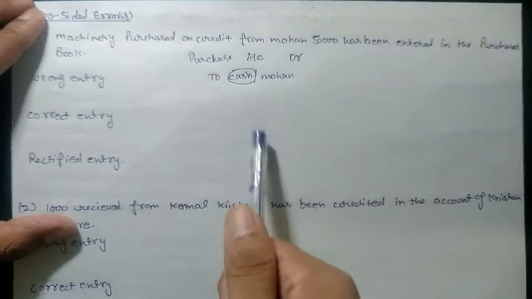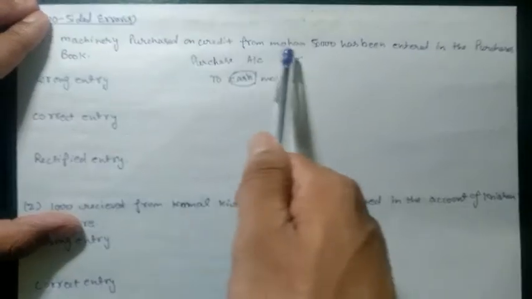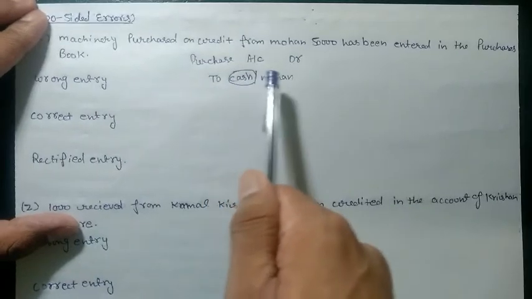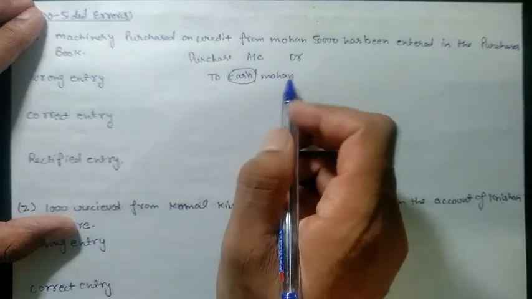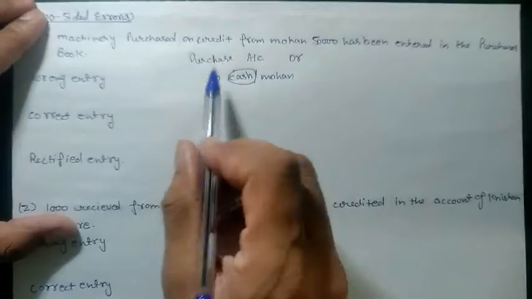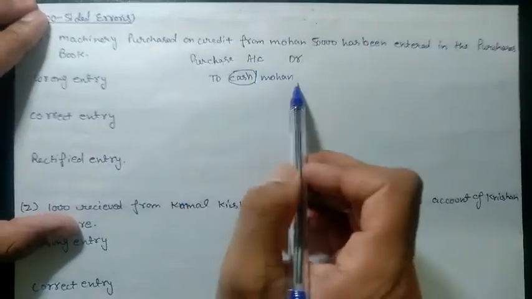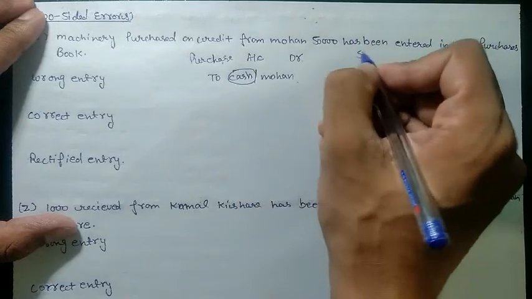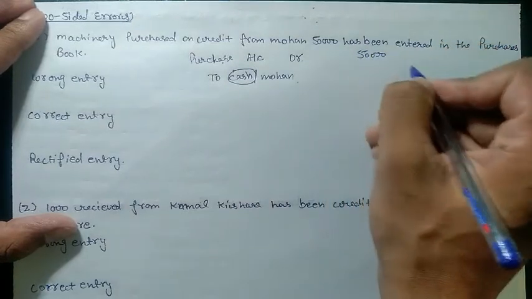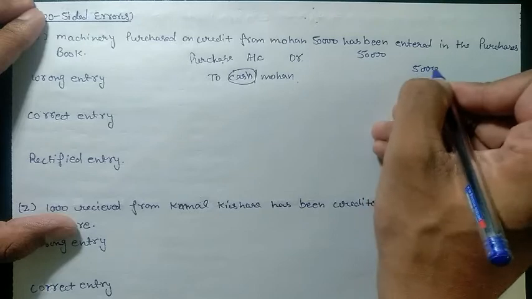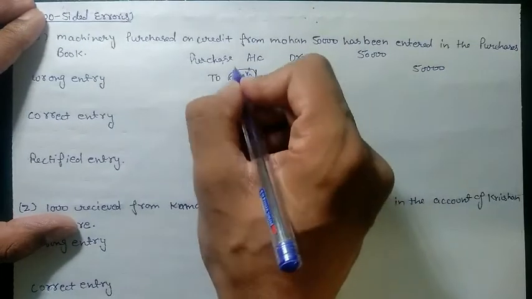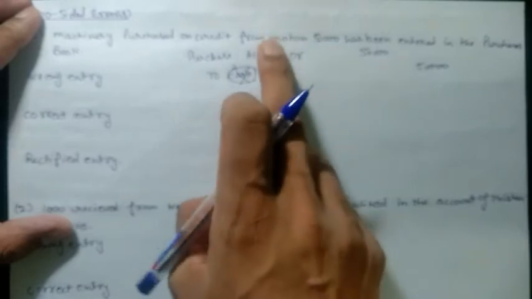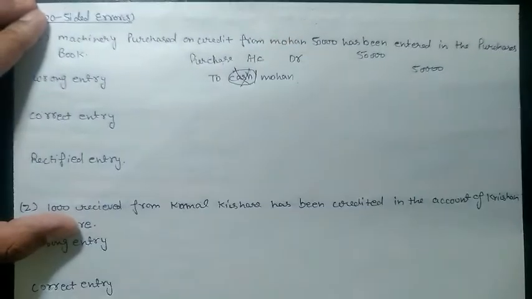In this transaction, it is already mentioned that it is a credit transaction from Mohan, so we will take Mohan instead of cash. So the entry they made is purchase account debit to Mohan, amount 50,000. Because it is a credit transaction, we will not take cash. We will take the name of the vendor. Vendor is Mohan, the person from whom we are purchasing.